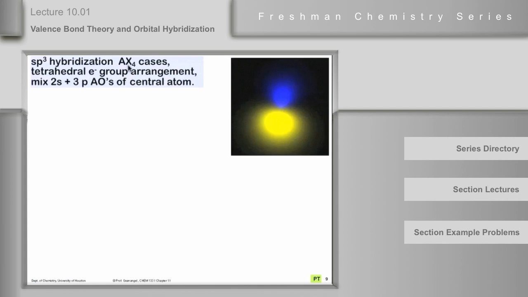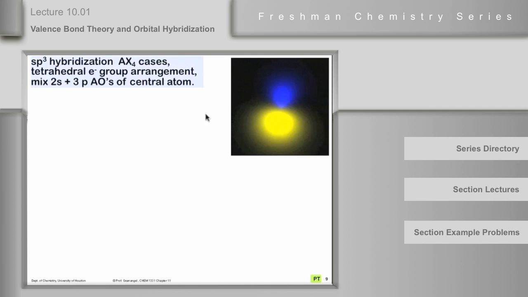AX4. If you have an AX4 case, you need four hybrid orbitals. What you need to do is mix all of the p orbitals and the s orbital for the center atom. An s and three p's is four atomic orbitals, so you're going to make four hybrid orbitals. I just thought you might like to see what a wave mechanical picture of the orbital that you get out of this, which is, of course, an sp3 hybrid orbital, looks like.